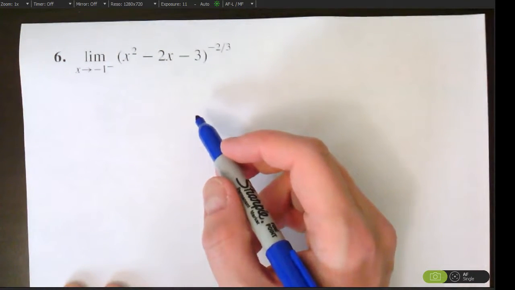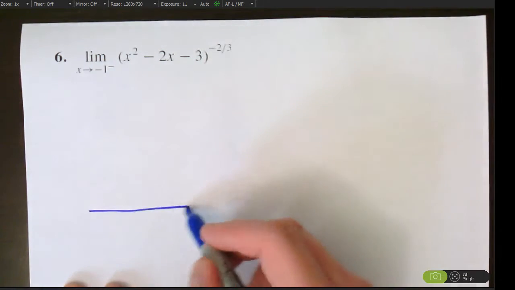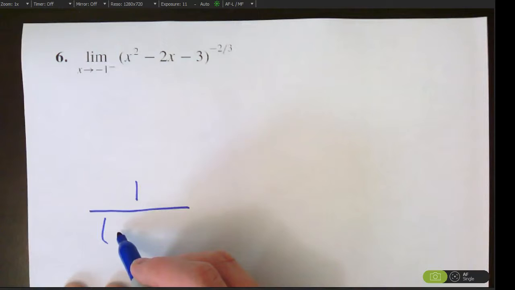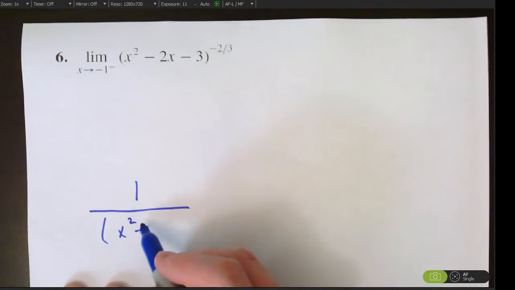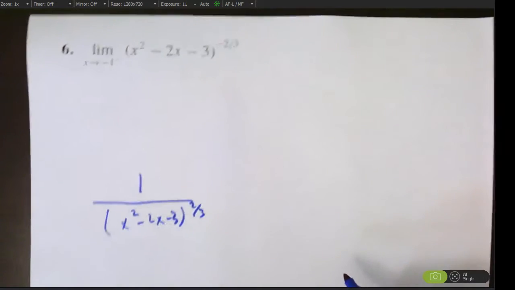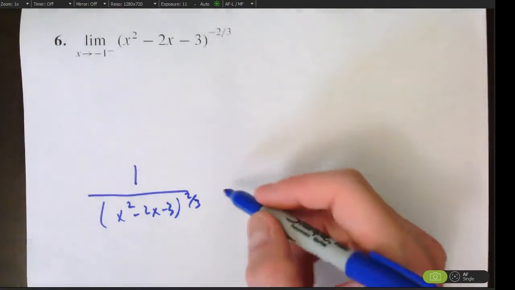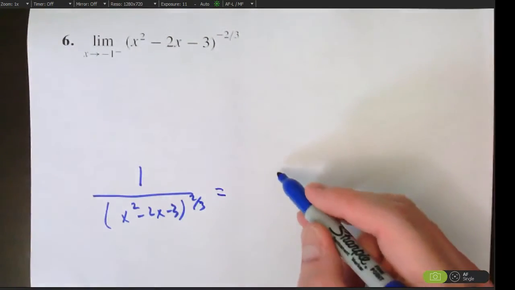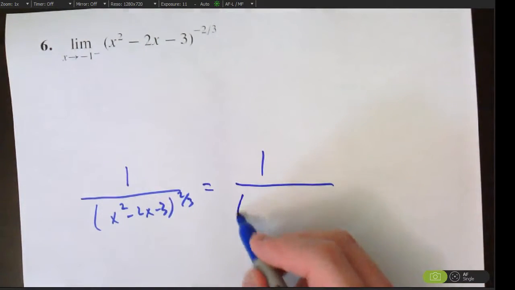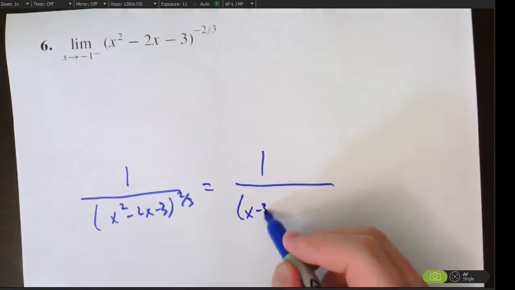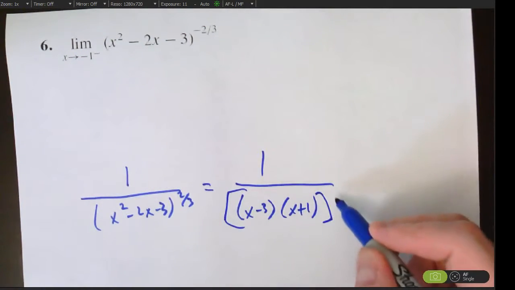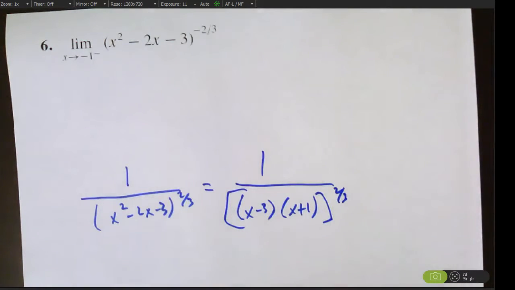One is that this is really 1 over x squared minus 2x minus 3 to the 2/3. The other thing is that I'm going to have this factor as well: x minus 3, x plus 1, that whole quantity to the 2/3 power.